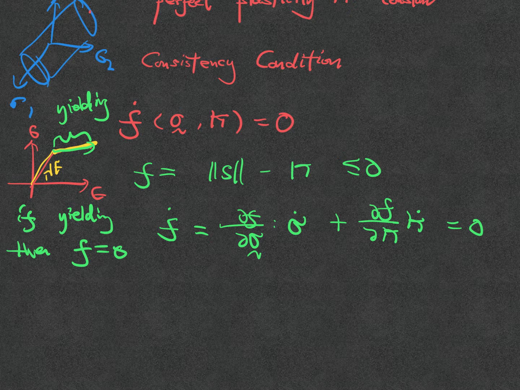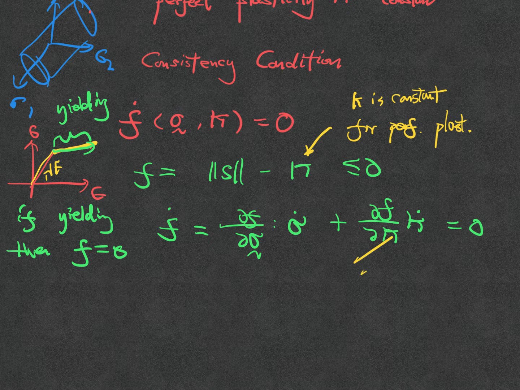Now, for perfect plasticity, the yield stress is constant. So if something is constant and you take the time derivative of it, it will lead to 0.